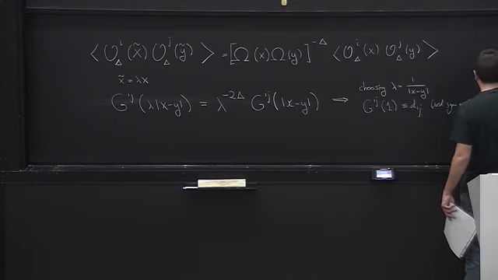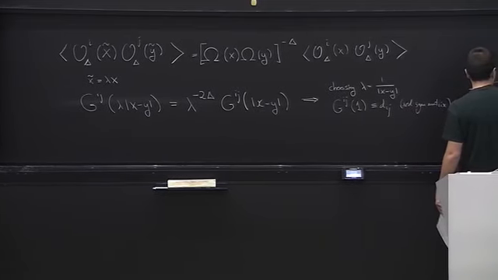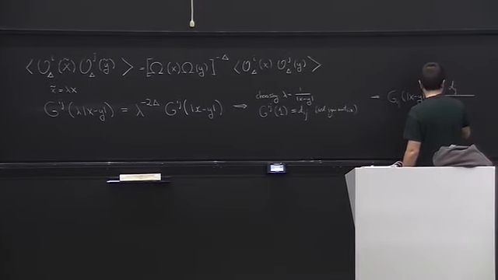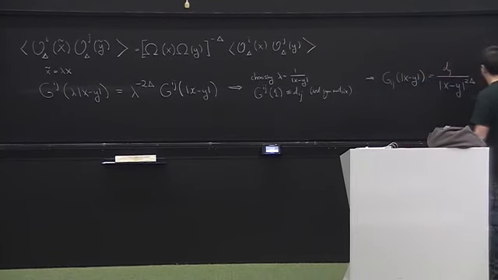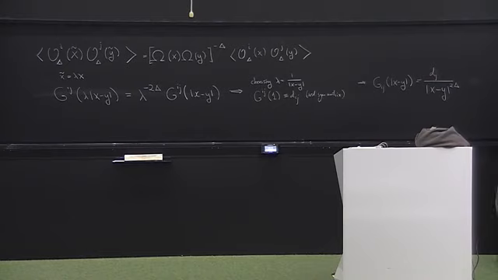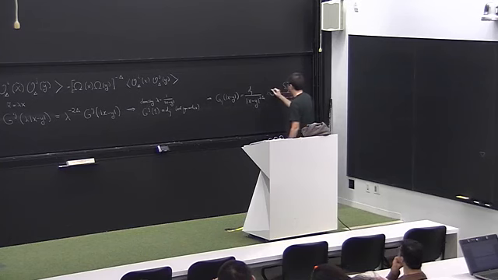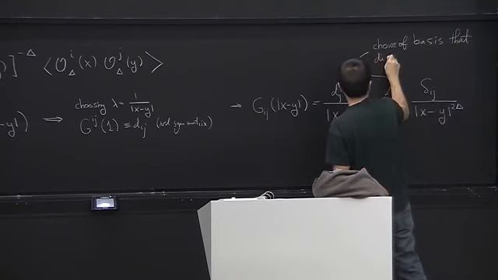Then we get immediately that our Gij at distance x minus y that appears on the right hand side is equal to some number Dij divided by x minus y to the power 2 delta. Which goes to delta ij over x minus y to the power 2 delta by just choosing a choice of basis that diagonalizes this symmetric matrix.